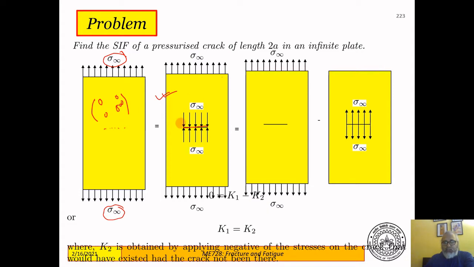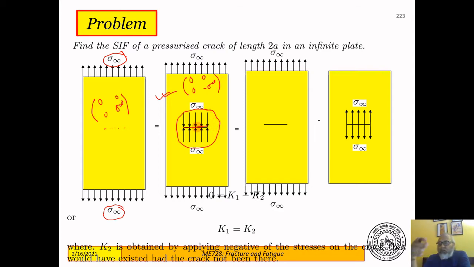You have a crack at some location where the stress is this, and then we apply the opposite stress to this crack. So this is the stress state at the location of this fictitious crack, and we have applied a stress of this at the location of the fictitious crack. This stress that we have applied obviously closes the crack, and there is no singularity that arises at the crack tip.